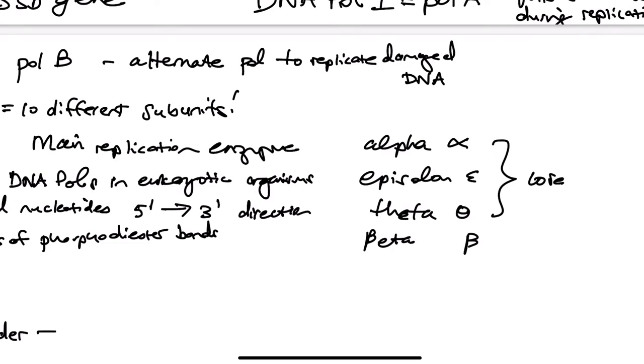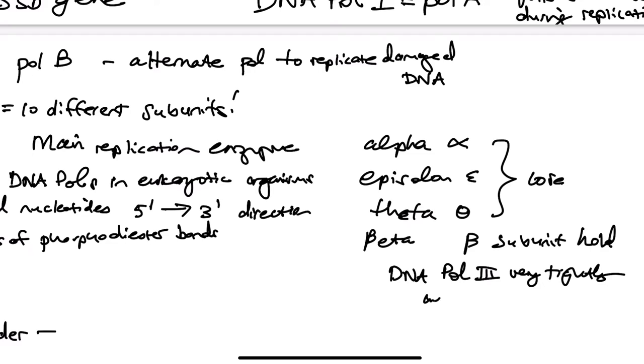This subunit will be responsible for holding the DNA pol 3 very tightly onto the DNA strand. We don't want the pol 3 to become loose or separate from the DNA strand while it is copying. So that's important, and it has this strong beta subunit.